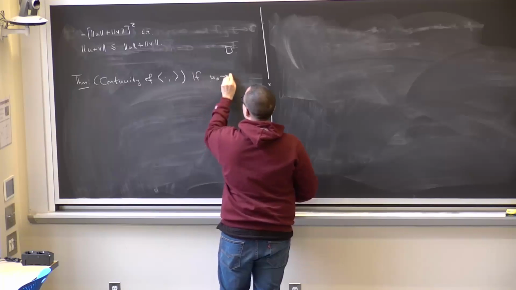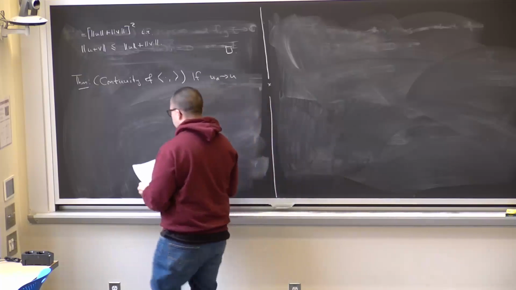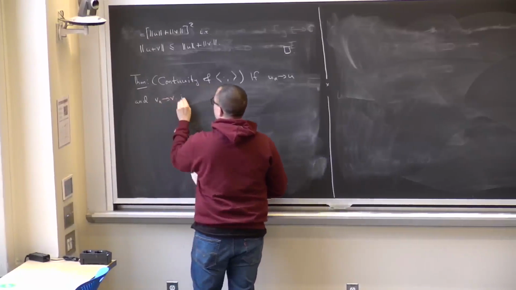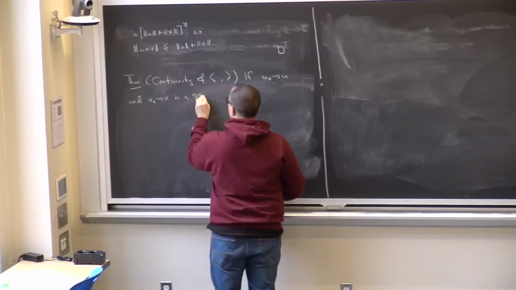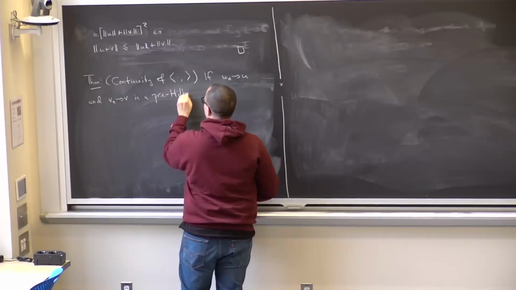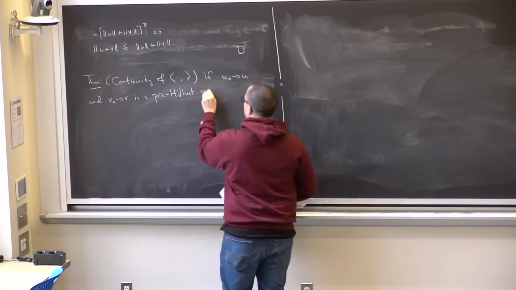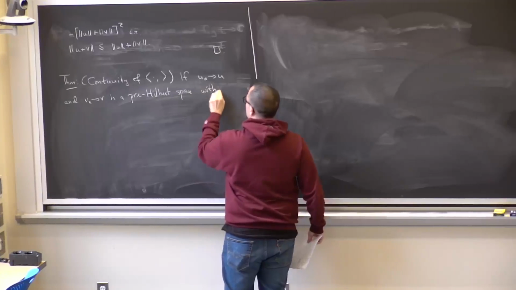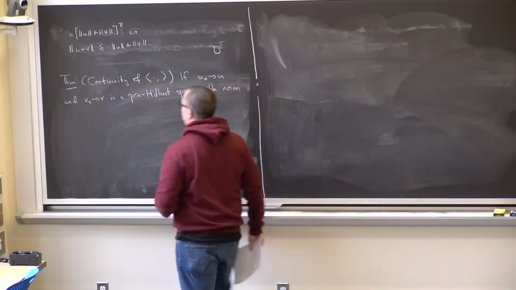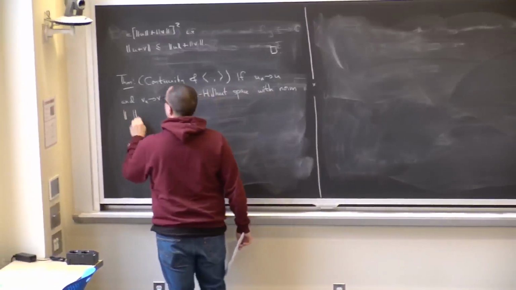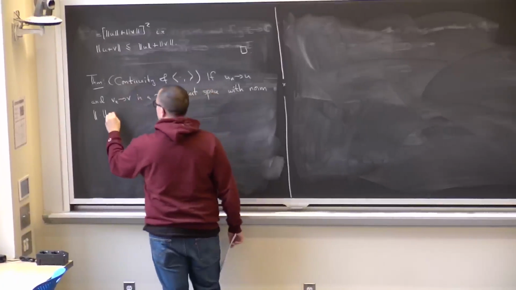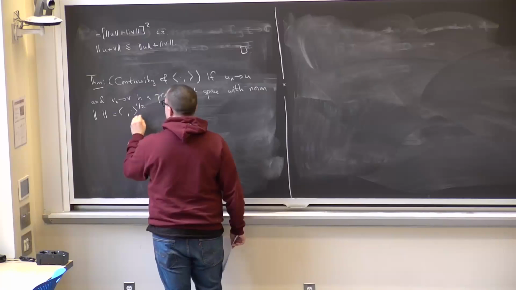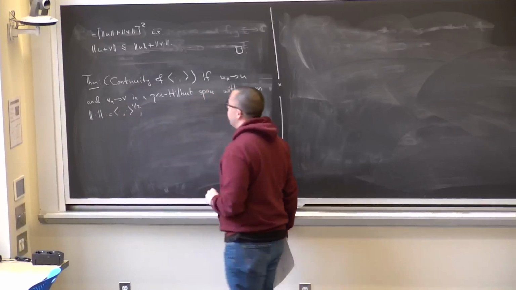If we're in a pre-Hilbert space and u_n converges to u and v_n converges to v in a pre-Hilbert space with norm as defined before, right?